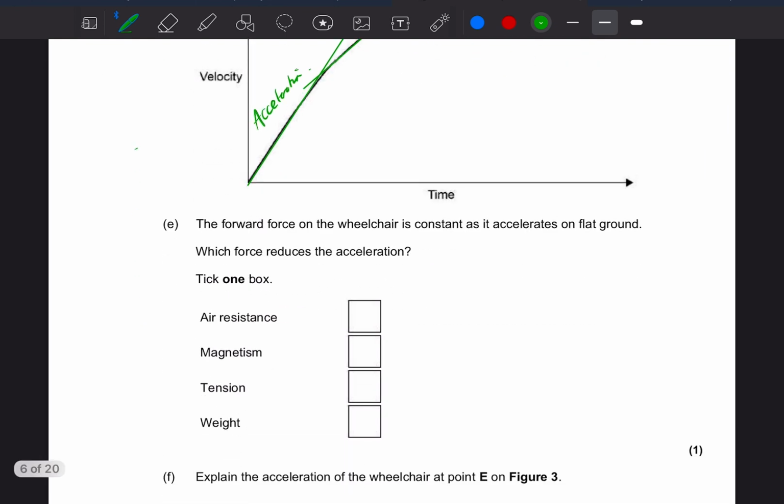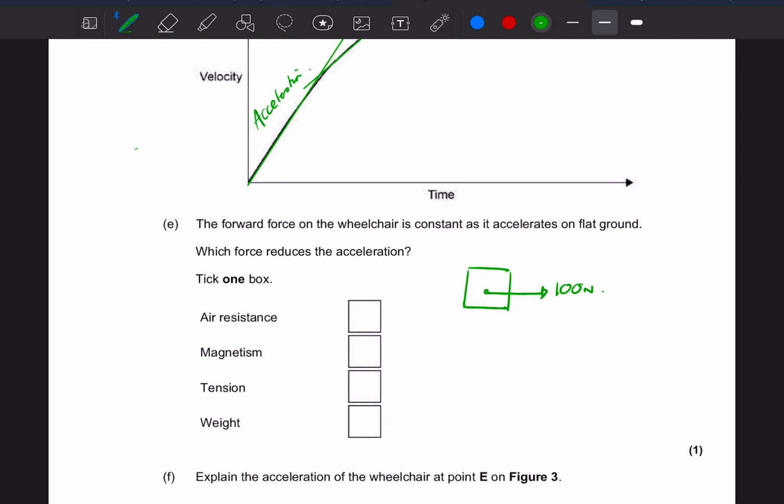So when the forward force of the wheelchair is constant, it accelerates on flat ground. So let's draw that out. Here, let's say this is the wheelchair, and we've got a forward force like this. Let's give it a number. It's a random number. Let's say it's 100 newtons. If the forward force is bigger than the backward force, we're going to get acceleration. In this case, we've got 100 newtons forward.